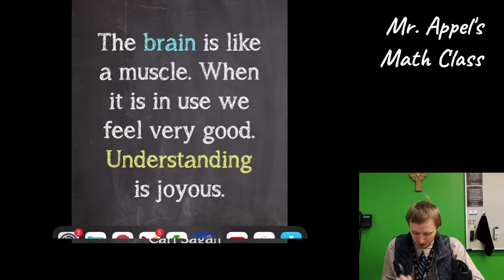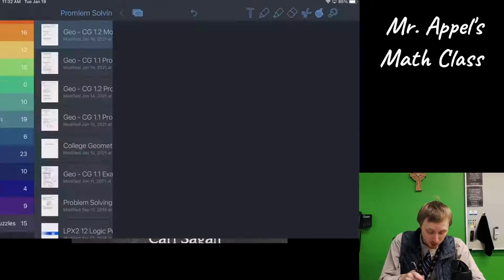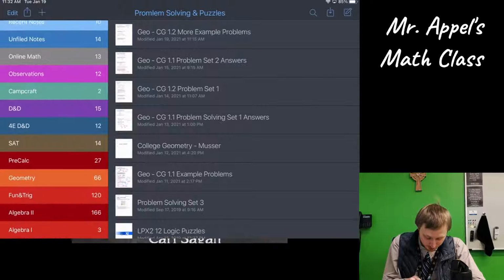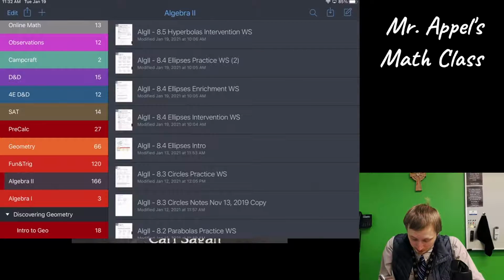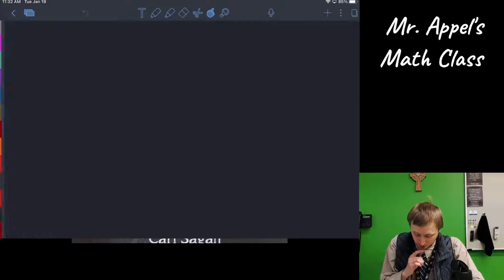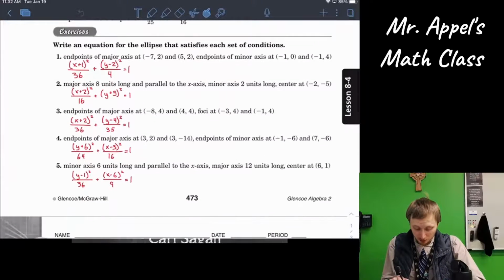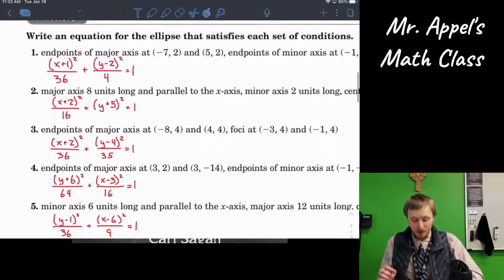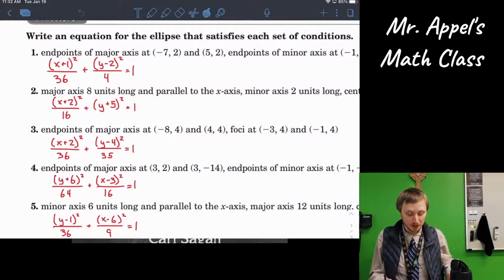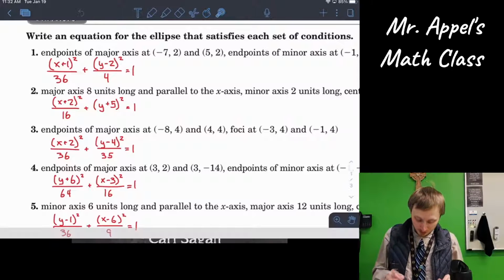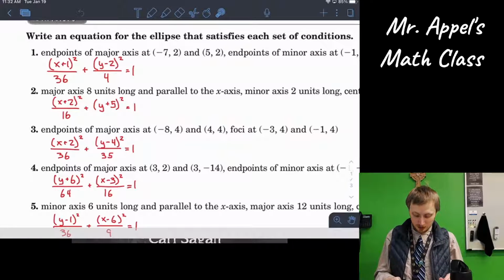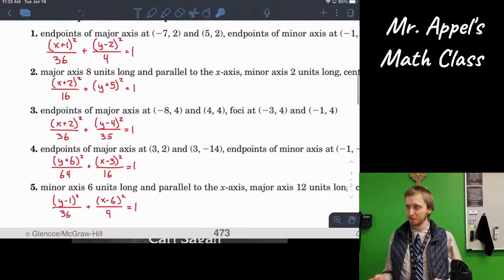So first thing we are going to do is go over answers to last week's worksheet, the ellipses intervention sheet. That's the one. Here then is the front side, the full equations of each ellipse created there.